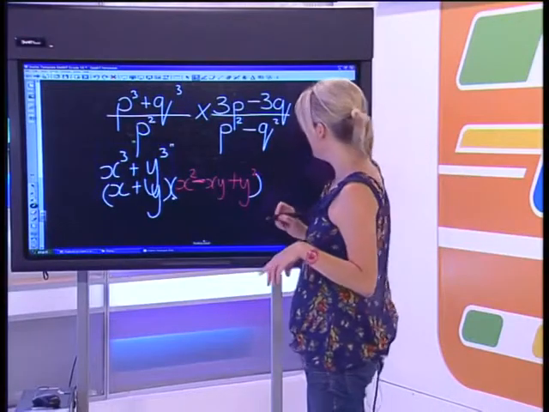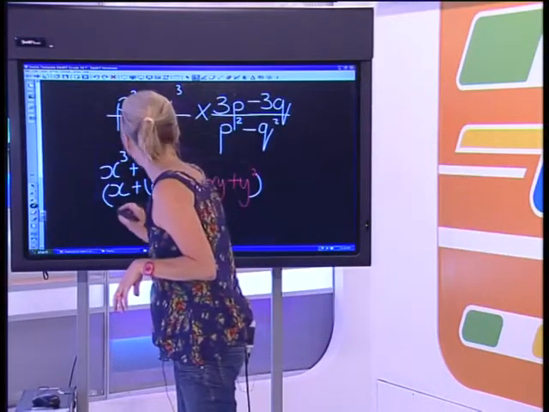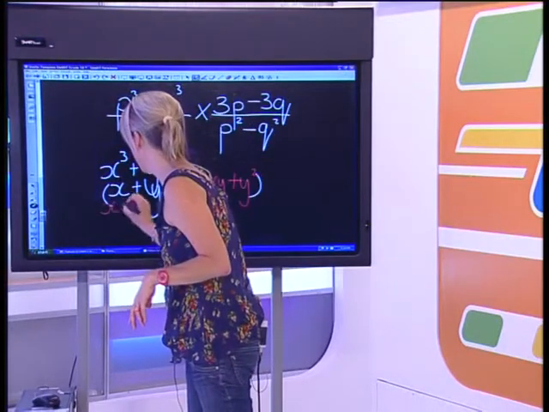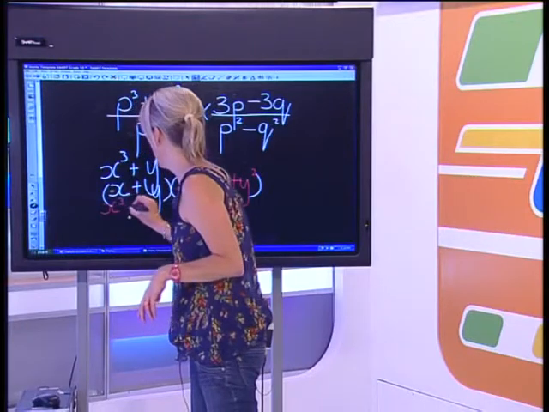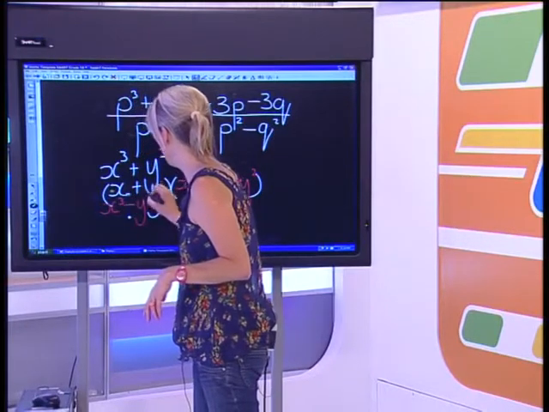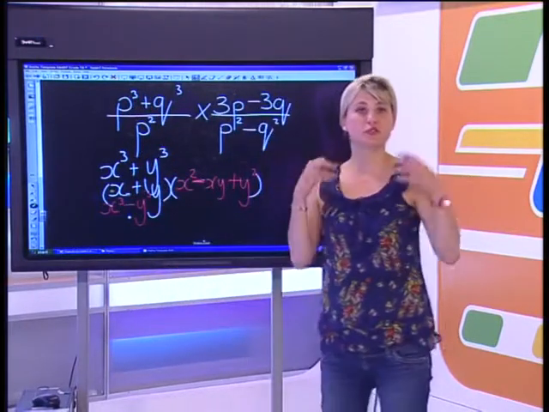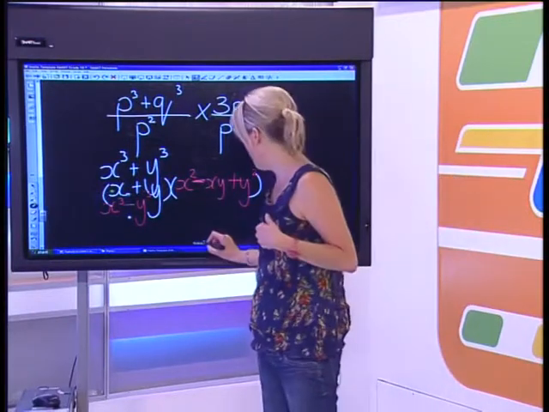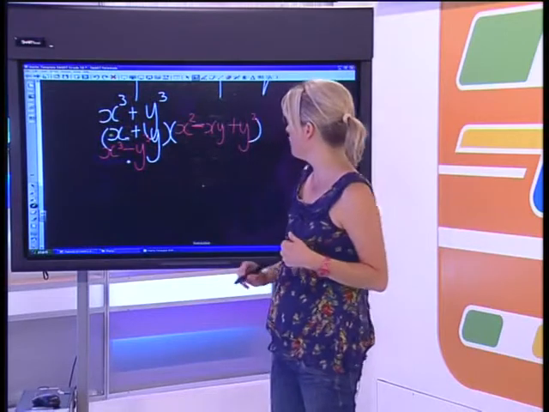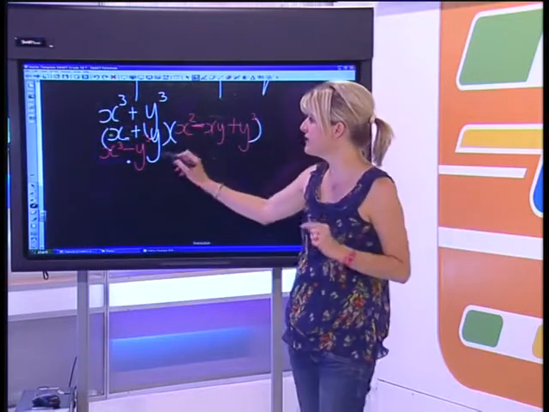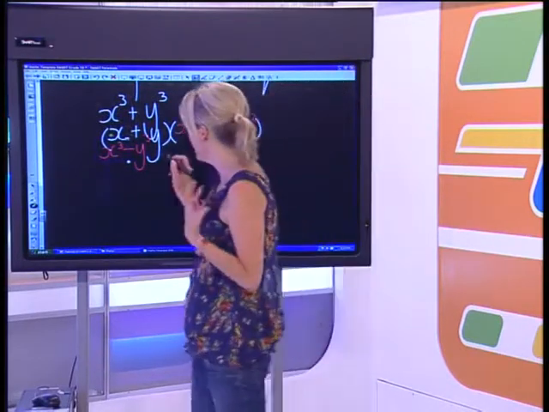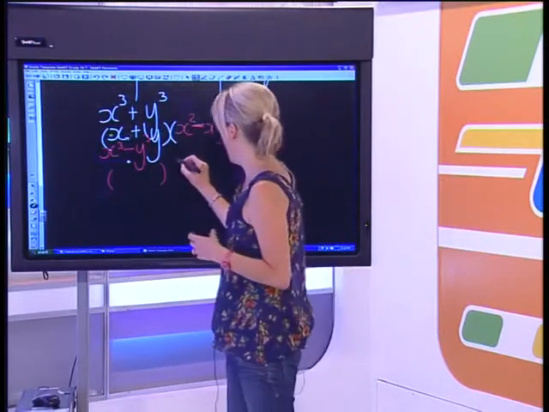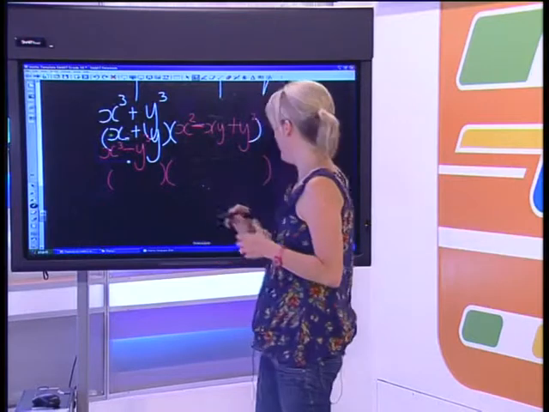Let's quickly also just deal with the difference of cubes. So a difference of cubes would be if I had something like x to the power 3 minus y to the power 3, right? The word difference means to minus, so that's all good. And again, they are cubes. So let's have a look at what I'm going to do. Now, if I factorize a difference of cubes, again, I am going to need a small bracket and a larger bracket.